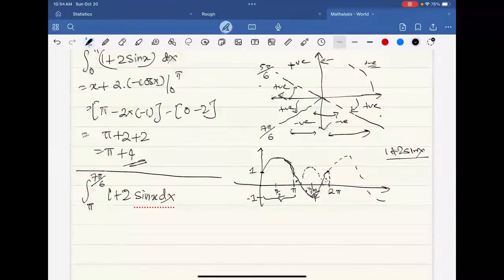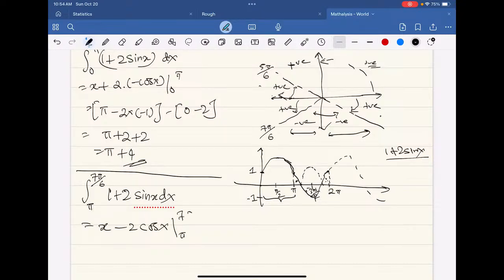Now that area will be x minus 2 cos x from pi to 7 pi by 6. It's 7 pi by 6 minus 2 times cos of 7 pi by 6. That will be how much?